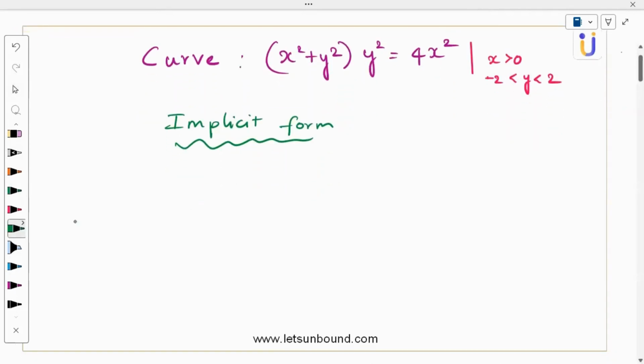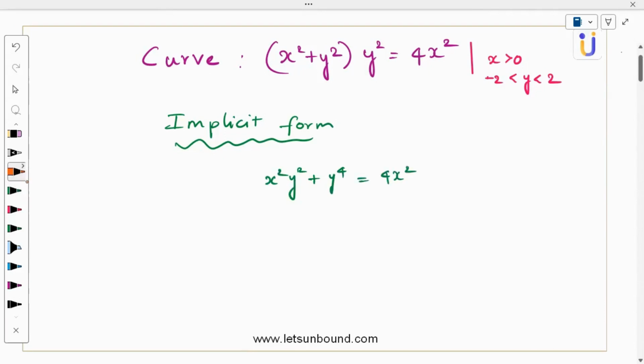Let's go to the implicit differentiation part. Before doing implicit differentiation, we can directly do that also, but remove the bracket, that will be easier and there will be less chance to make a mistake. So simplifying that, x²y² + y⁴ = 4x².